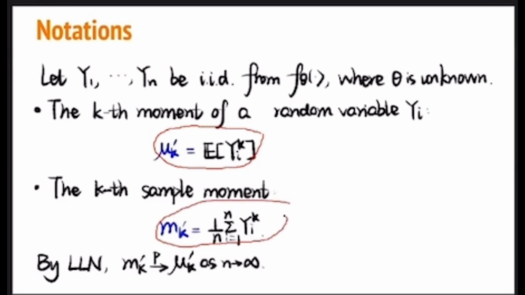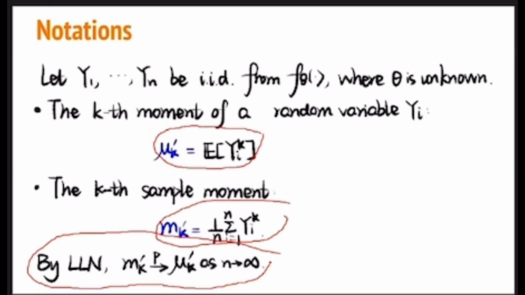And if we use the law of large numbers, what do I mean by the law of large numbers? When my sample size is sufficiently large, I expect the kth sample moment to converge to the population moment. And the method of moments can be used.